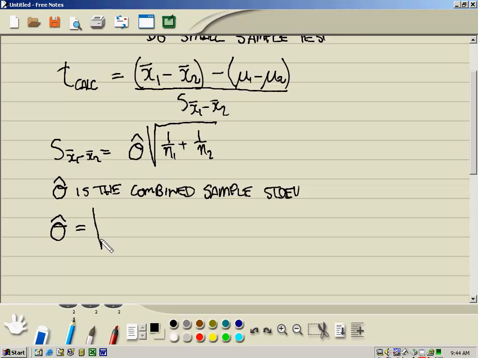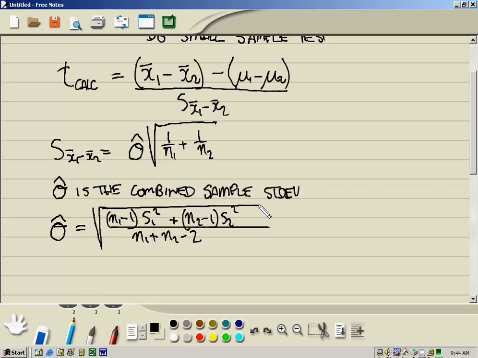Sigma hat is the square root of n1 minus 1 times s1 squared plus n2 minus 1 times s2 squared, divided by the total degrees of freedom, n1 plus n2 minus 2, and we take the square root of the whole thing.